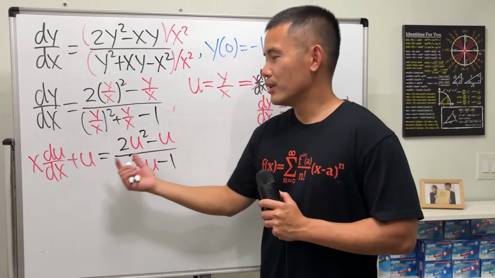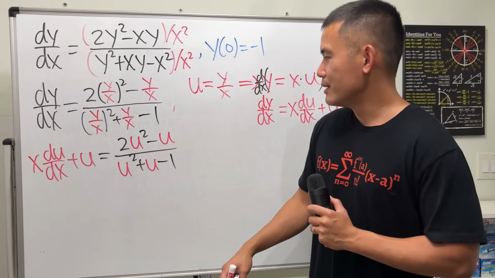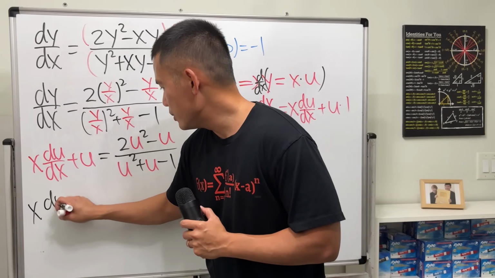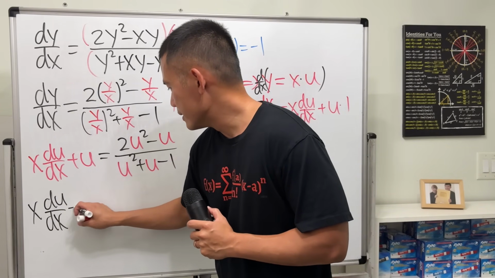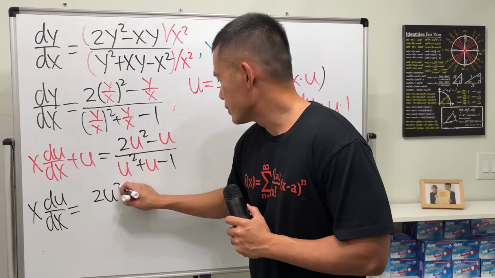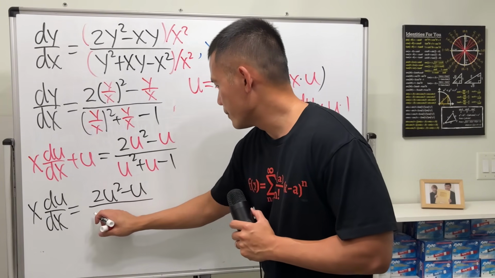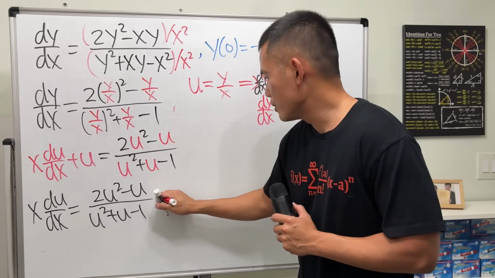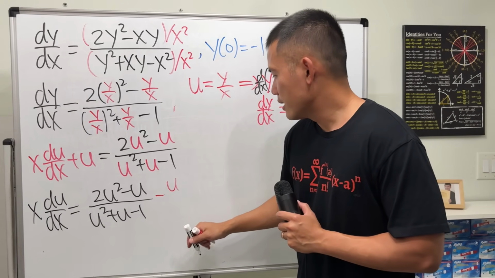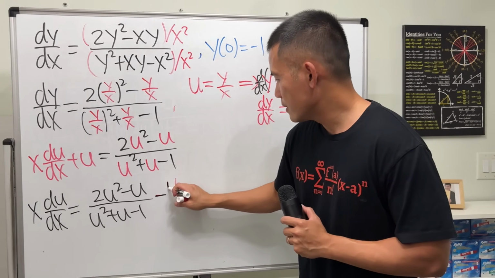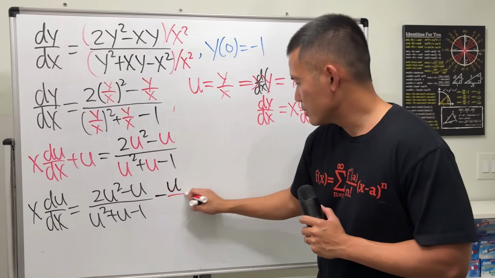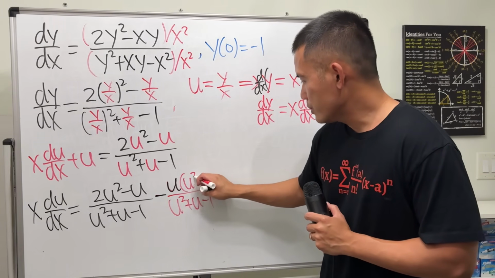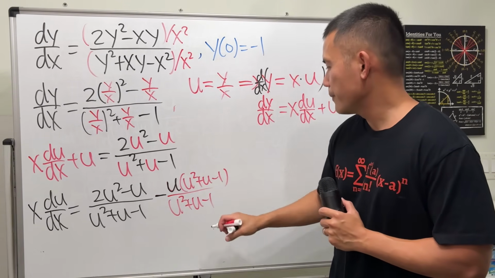Let's bring this to the other side and then combine in terms of all that stuff. So we get x du dx is equal to (2u squared minus u) over (u squared plus u minus 1), minus u, and then get a common denominator, which is u squared plus u minus 1.